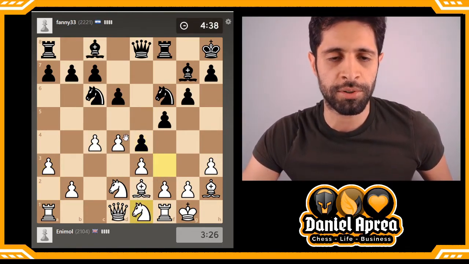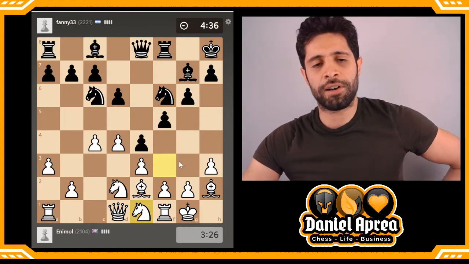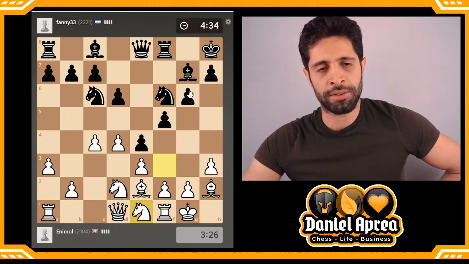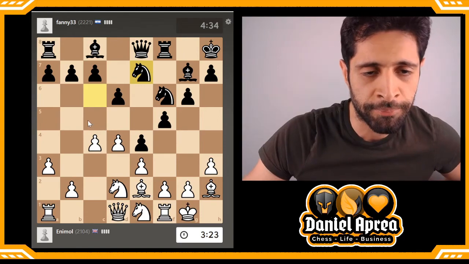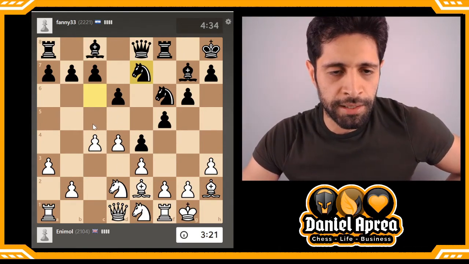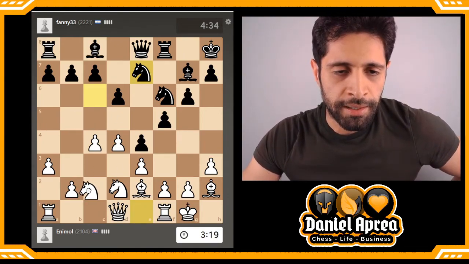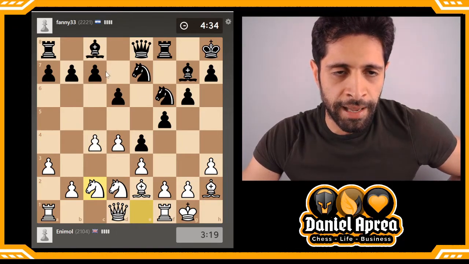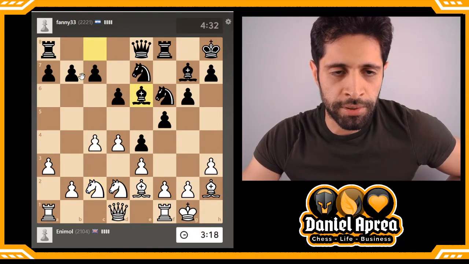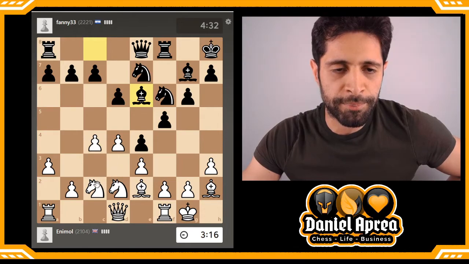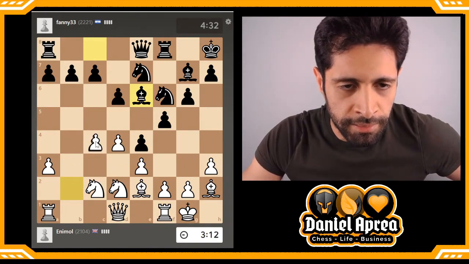He's pushing, so I'm gonna retreat the knight. So now he's got an advantage on the king side, so he's gonna try and checkmate my king, and I have an advantage on the queen side. Basically, I'm gonna attack on this side of the board. My bishop is pointing there, and my pieces are also in that direction as well.